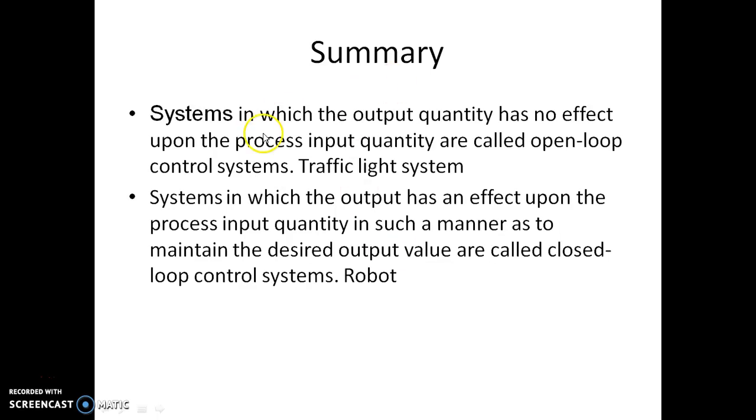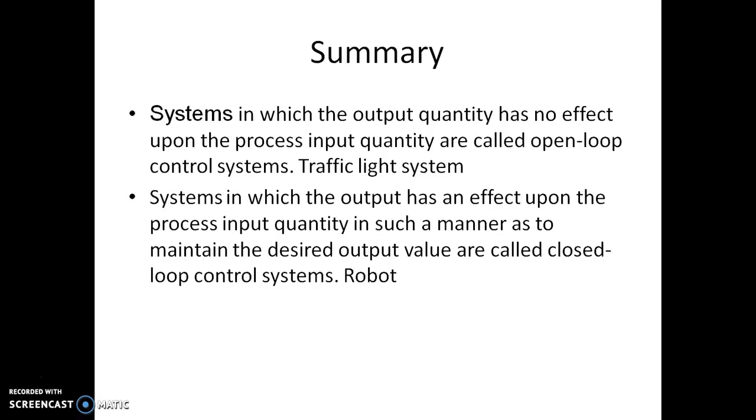So, the summary: the system in which the output quantity has no effect upon the process input quantity is called an open loop control system. So, for example, your traffic light system, even if there is a traffic jam, or if there is no vehicle, still whatever is the timing set for the red light, green light, amber light, that will continue.